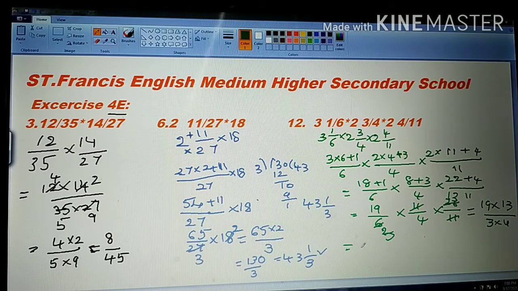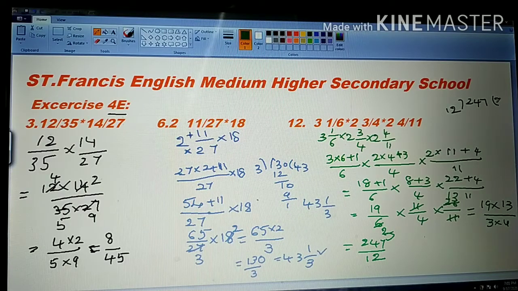So what you get totally? 247 by 3 4s 12. So this also we can convert into a mixed fraction. They have given mixed fractions, so we can convert this one into a mixed fraction. I am doing this division part here, 247 divided by 12.